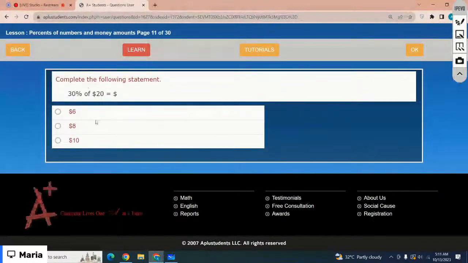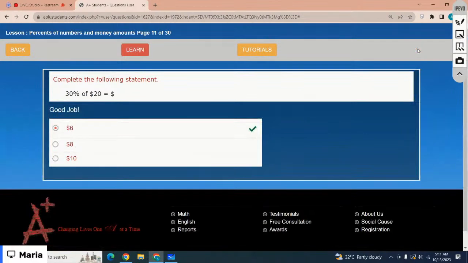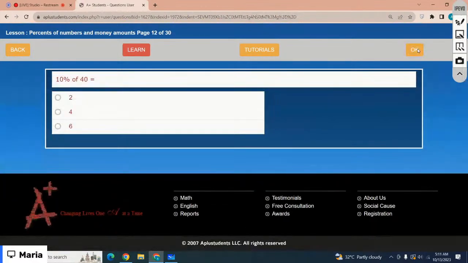30% of 20 is 6. Very good. 10% of 40 is 4.